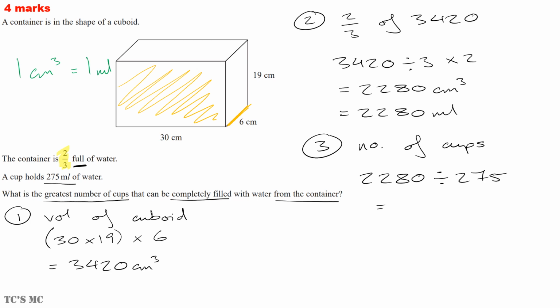When doing that, we get 8.2909 and it goes on. We have 3 marks now. The question said, what is the greatest number of cups that can be completely filled? Completely filled would be 8 cups, and that there is our 4th mark.